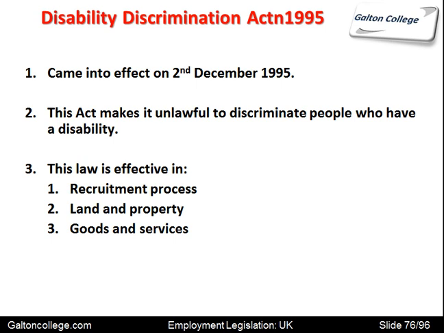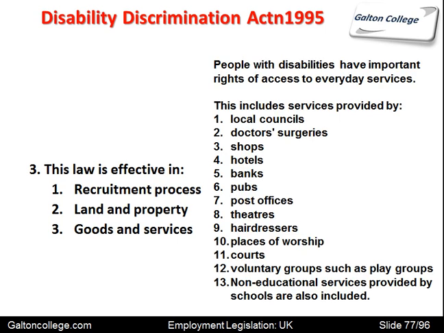But in the recruitment process, which is the one we're focusing on here, individuals should not be discriminated against on the basis of disability. It really comes back to what I've been saying right throughout. It's their ability to perform the task that's required. If they can perform that, then they should not be discriminated against.